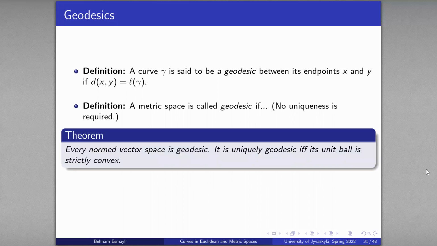The theorem I promised is that more than Euclidean spaces, any normed vector space, even if it's infinite dimensional, is a geodesic metric space. For example, Hilbert space is a geodesic space. Here, the distance, of course, is the one that comes with the norm, where you subtract and then you take the norm. All of this makes sense in a vector space. It's a vector space, so you can subtract, and it's normed. And it is uniquely geodesic, which means you not only have geodesics, you have uniqueness of them.